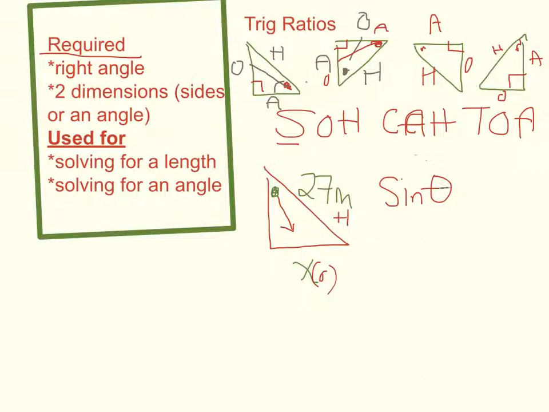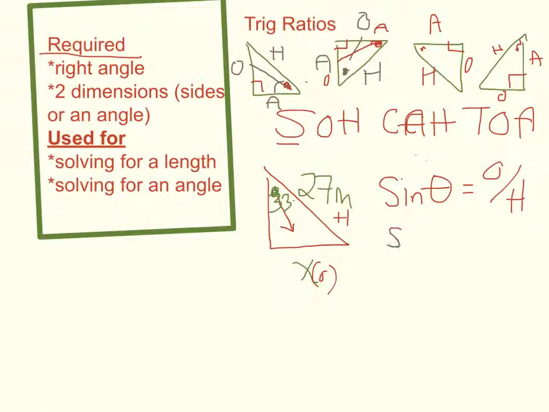Step 1 is to write your formula first so that you can organize what variables you have and take the time to plug them into the right locations. I forgot to give us an angle, let's say this was 33 degrees. Now I have my 2 pieces of information, 27 and 33. That would have been given in a question.